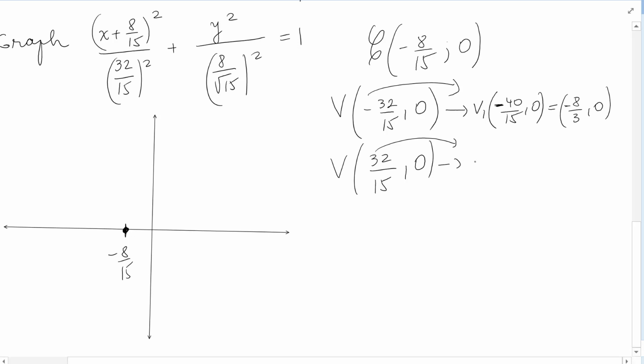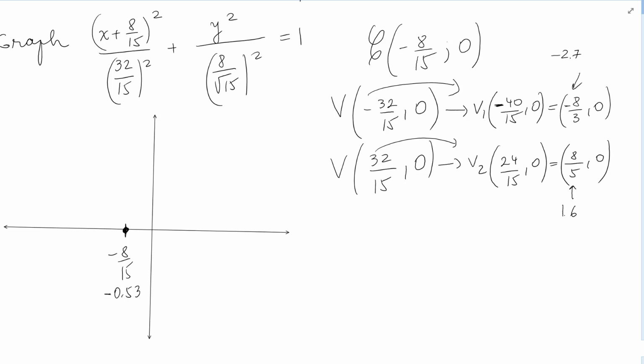And the second vertex is 32 over 15 minus 8 over 15, so it's 24 over 15, 0, which divided by 3 is 8 over 5, 0.